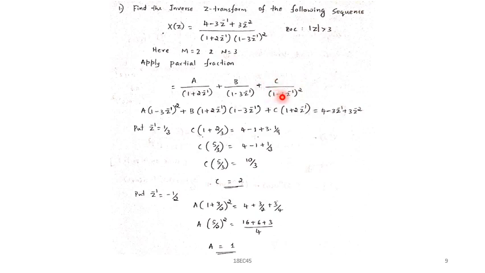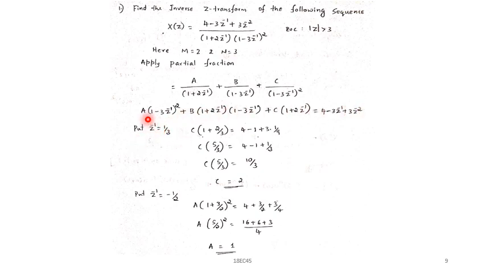Cross multiplying: A into 1 minus 3z inverse whole square, plus B into 1 plus 2z inverse into 1 minus 3z inverse, plus C into 1 plus 2z inverse, equals the numerator, 4 minus 3z inverse plus 3z to the power minus 2.